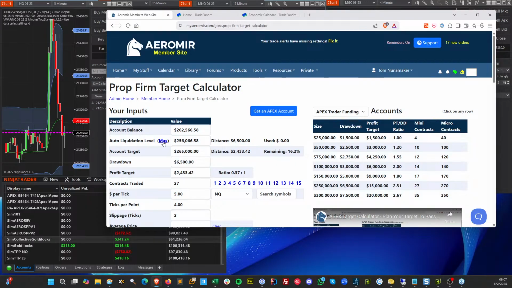Yep, that's it. So again, if you hit max, it just sets this to 0, and your distance to whatever your drawdown is. I wonder why it has this little formatting thing. So I'm $2,400 away from passing this valuation.